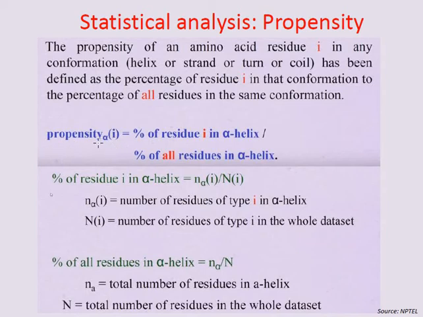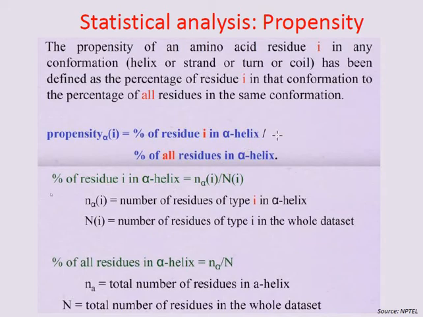For example, in an alpha helix, the propensity is given by the percentage of residue i in alpha helix. Residue i can be any residue, for example alanine.